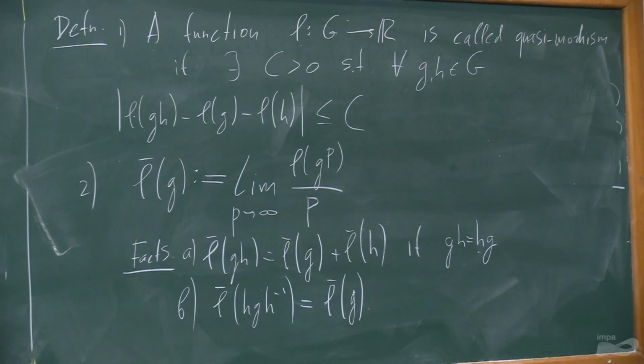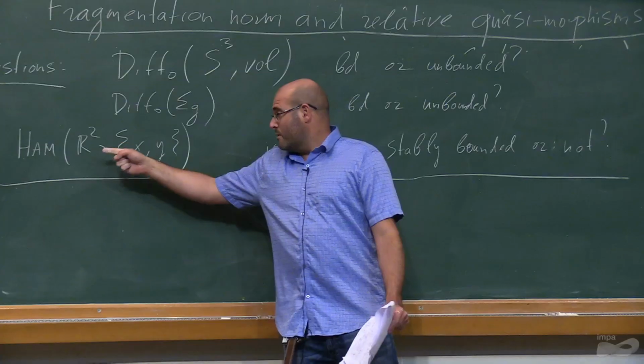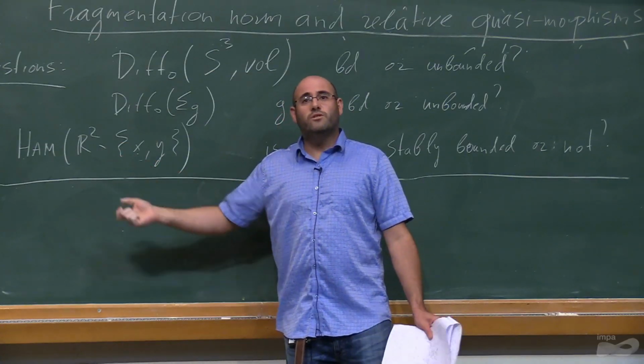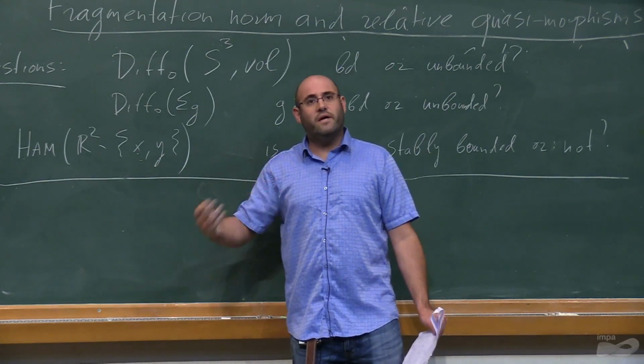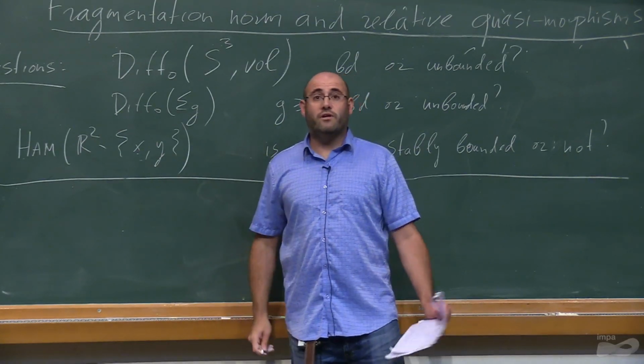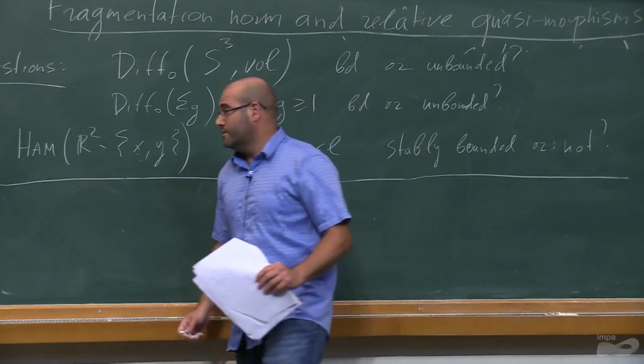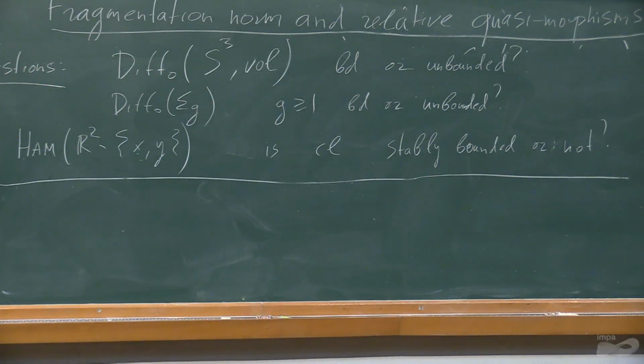Although for such groups many people have constructed, and I'm going to give today another construction, not of a quasimorphism, but of something which is called a relative quasimorphism with respect to a certain conjugation invariant norm. And this would be my next definition, and then finally I can state the result.